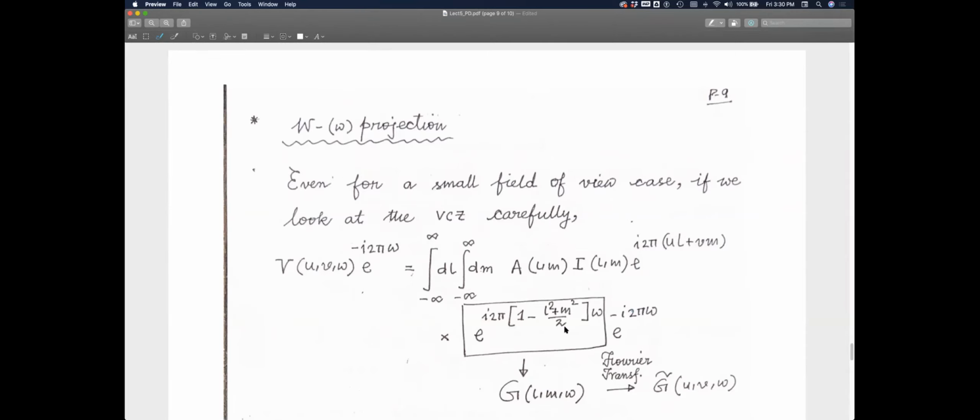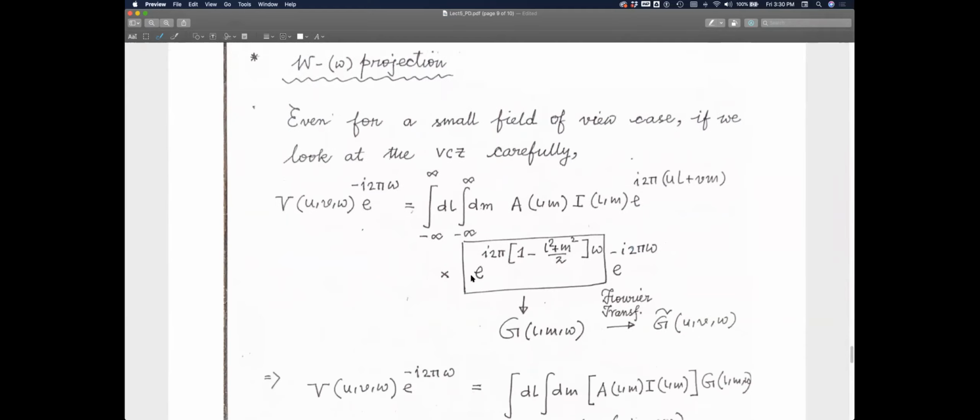So I'm keeping the next order in the Taylor expansion. This term I have added in the left-hand side because I wanted to add it in the right-hand side, which will take care of that 1. So what I will be left with is e to the power minus i pi (l square plus m square) w.